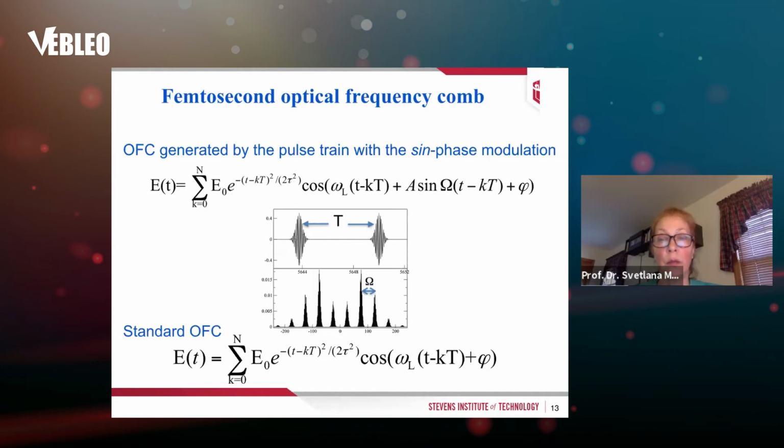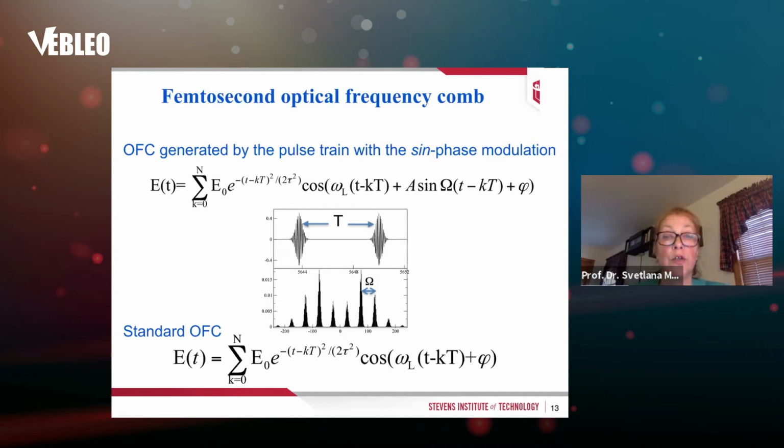We test all the parameters discussed above, and we apply the modulation across individual pulses in the form of a sinusoidal function. Here, the upper equation. A is the modulation amplitude, and omega is the modulation frequency.